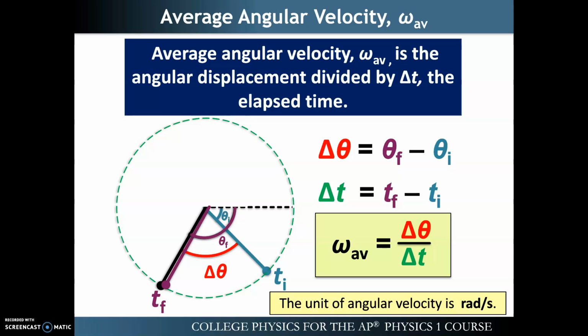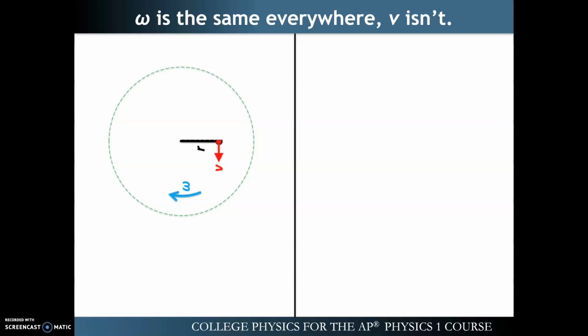I use the word average here because we're going to get into some angular kinematics later. In terms of units, in our numerator we have angular displacement, which is in radians, and in the denominator we have time, where the SI unit is seconds. So we have radians per second. What's interesting about angular velocity is that it's the same everywhere on an object that's rotating.